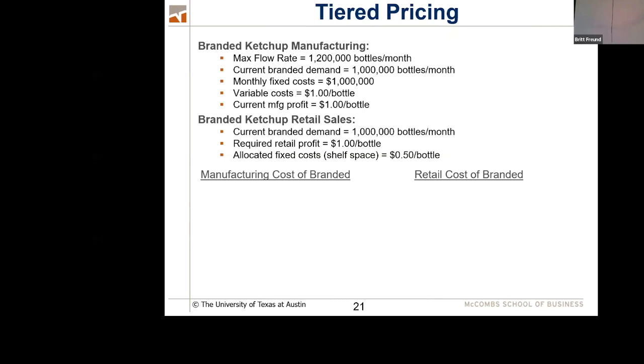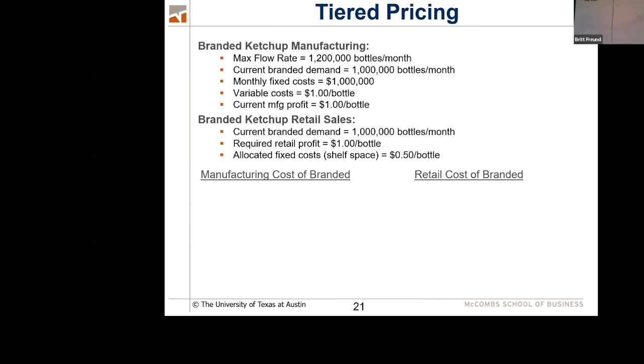And Brooke has gone and talked with H-E-B and has determined that they're going to sell Hunt's ketchup at H-E-B, and we've started selling it, and we've kind of stabilized at 1 million bottles per month. So Brooke has a very good account. They're selling 1 million bottles a month from this Hunt's factory to H-E-B.